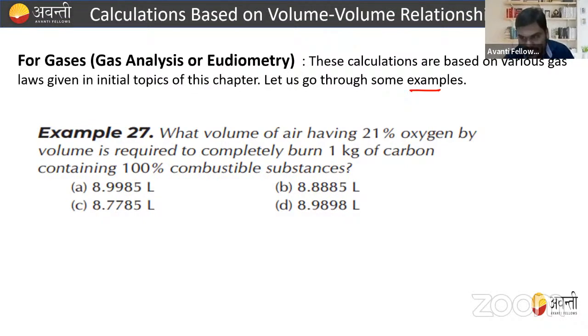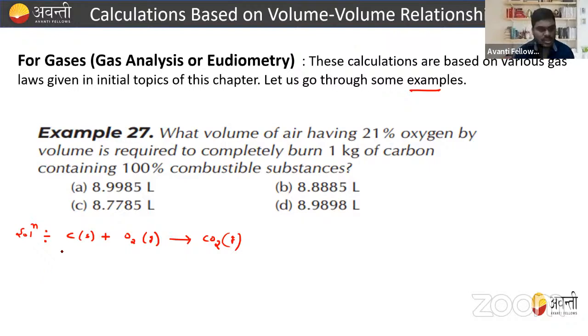We know that the reaction is carbon, and this carbon reacts with oxygen to give CO2.